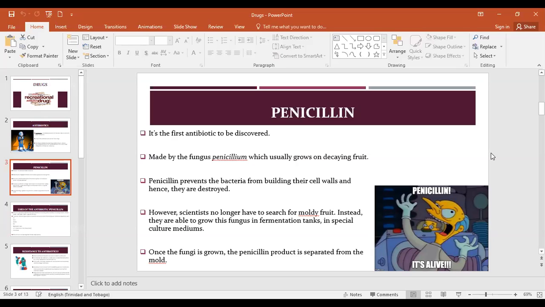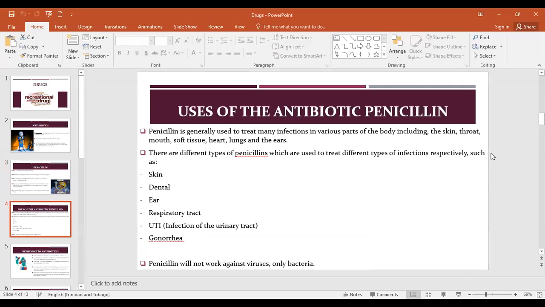It cannot work for viruses, because penicillin is only there to stop bacteria from building their cell walls, and viruses do not put up cell walls.